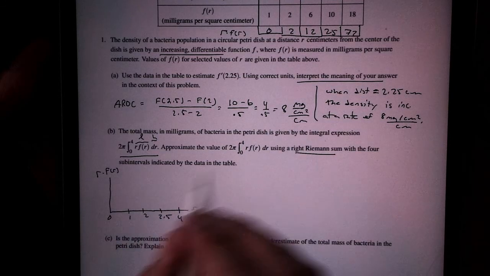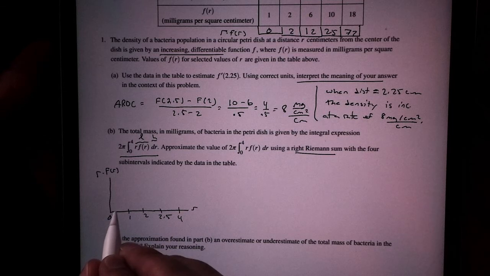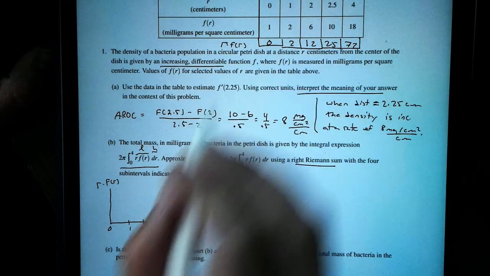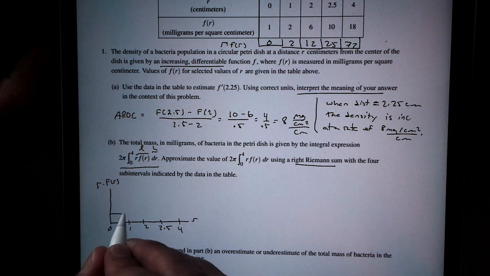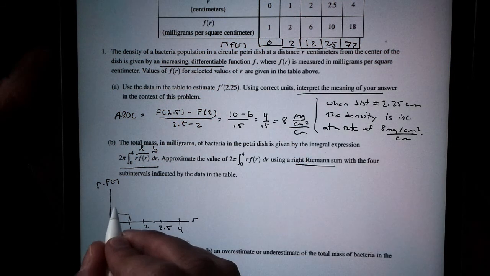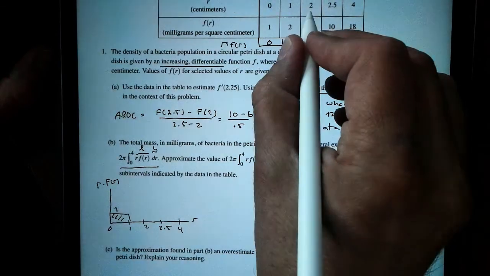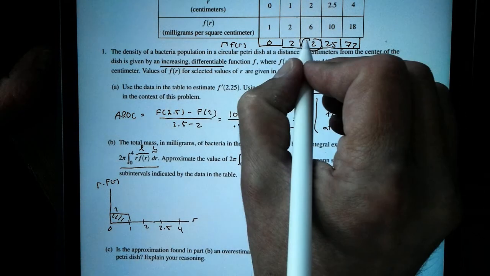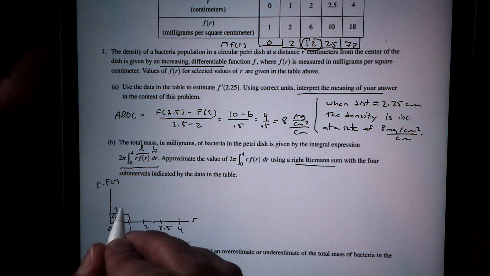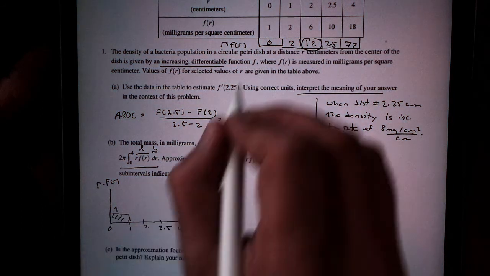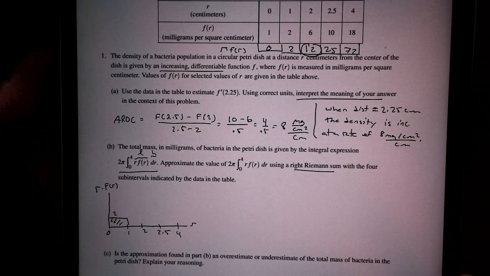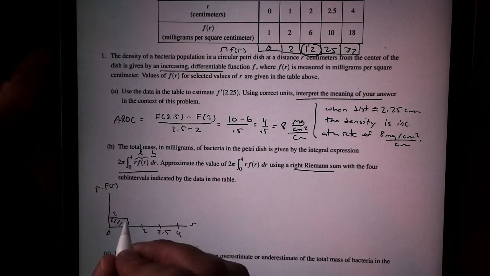Now we're using a right Riemann sum, so between 0 and 1, 1 is on the right side, so it's going to give us a height of 2. Between 1 and 2, 2 is on the right, and that's going to give me my height of 12. Remember, we're looking at r times f of r, not the 6.